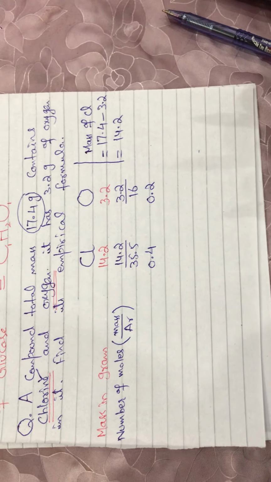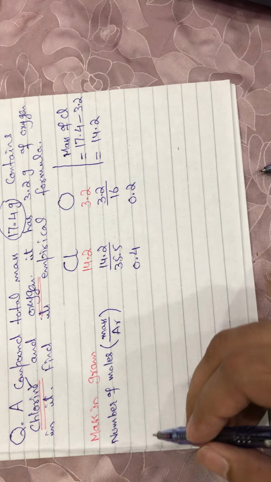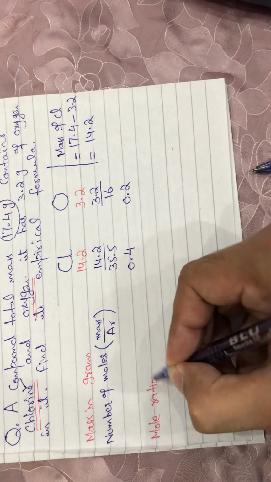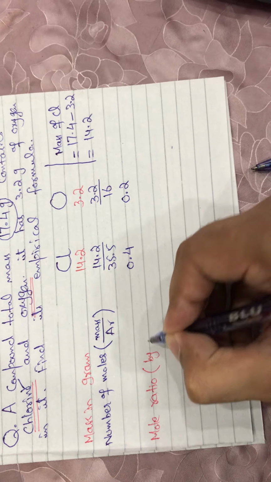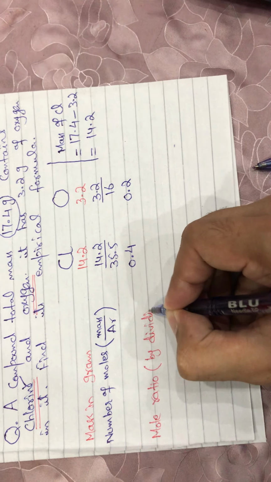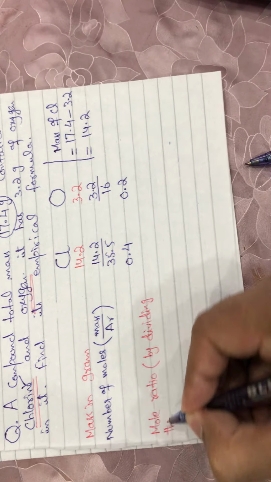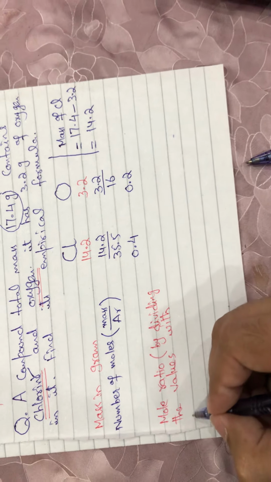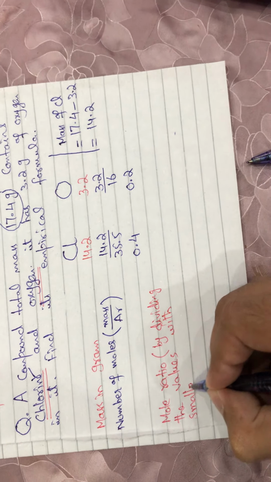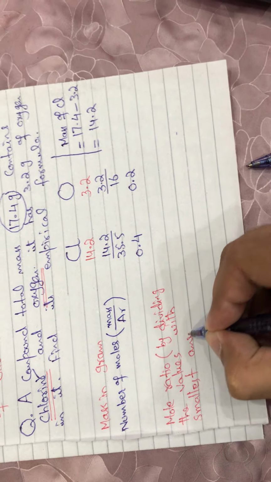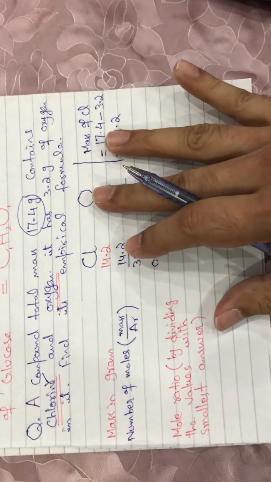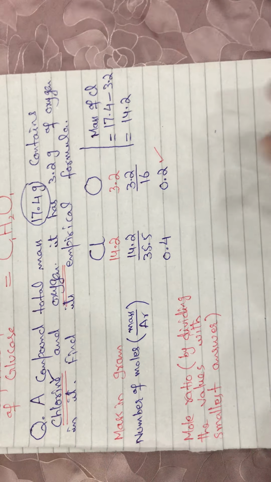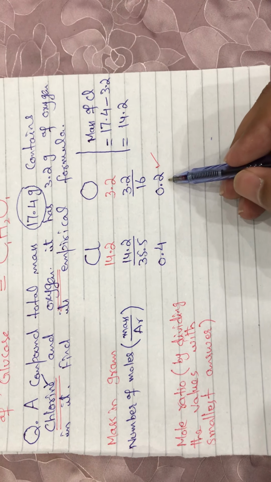Our next step is to find the mole ratio by dividing the values with the smallest answer. From the above row, the smallest answer is 0.2.